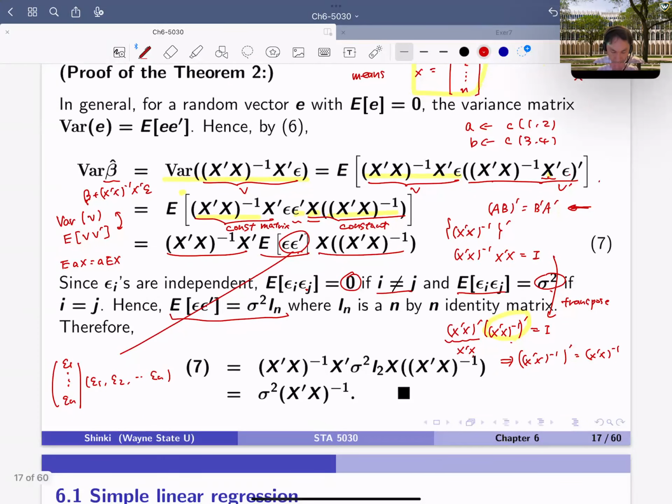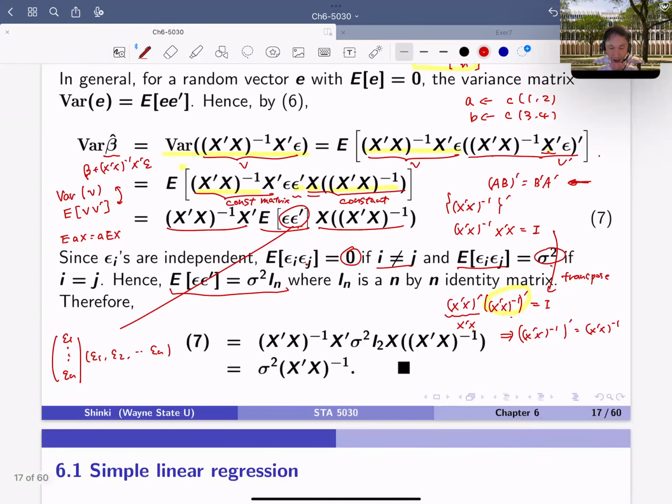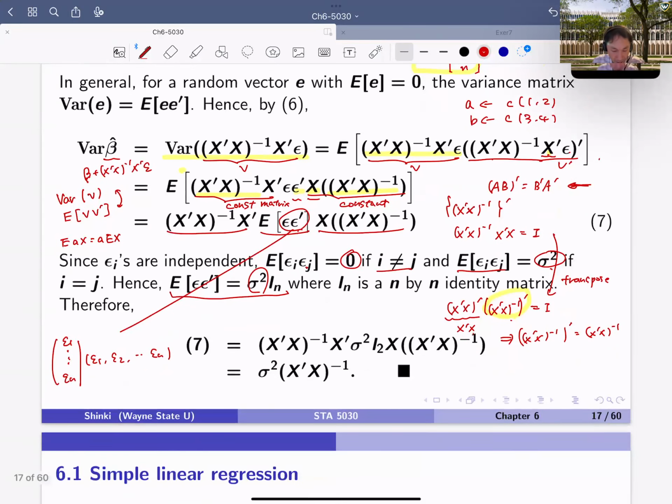Then the identity matrix can be ignored, and sigma square is just a scalar, so we can put sigma square in front of the entire quantity. The remaining terms are (X prime X) inverse times X prime X times (X prime X) inverse. But these cancel, because this is some matrix inverse times that matrix.